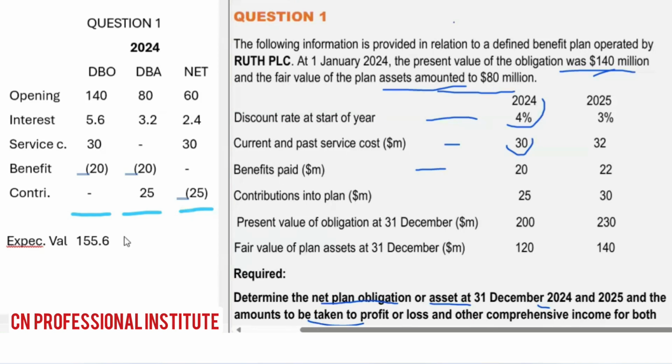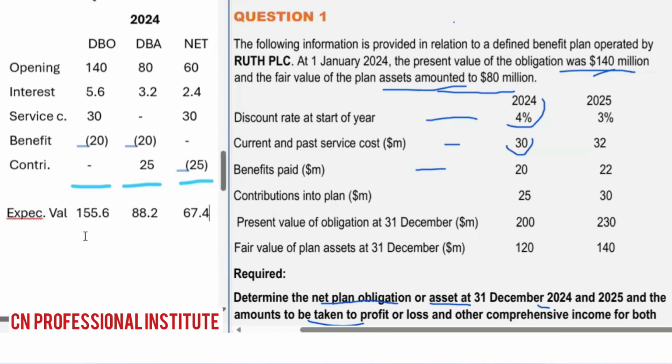And then when you go to the asset, we are going to have 88.2. So the asset is 88.2. Okay. And then if you come to the net, it is 67.4. Please cross-check the figures. So these are the expected values.